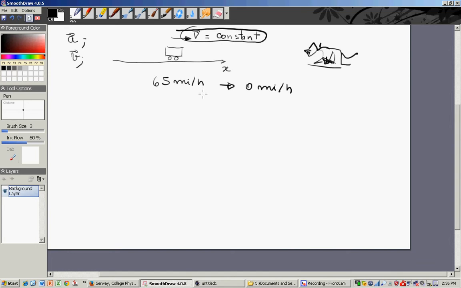The driver has to call upon the action of some external force on the car so that the car can stop. So force, what is the definition of force? Force is a physical quantity that changes the state of motion.